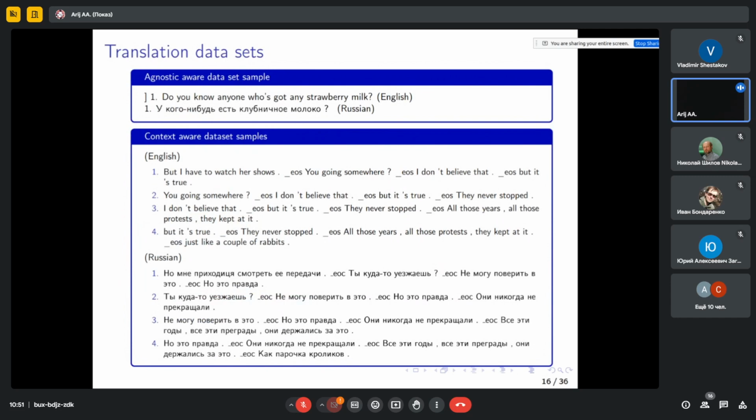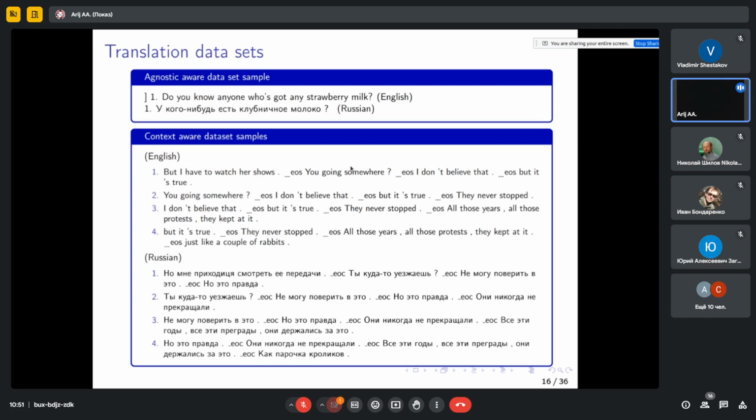So, starting with the applications, the first application was the translation task, on a context-agnostic dataset and a context-aware dataset. In the slide, there are two examples of each dataset. The first dataset is a translation from English to Russian, as we can see.